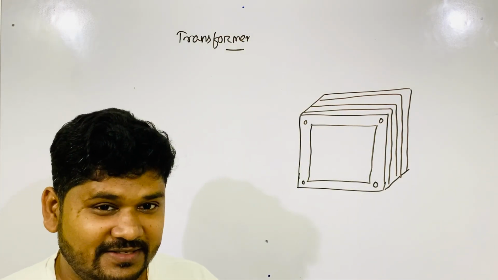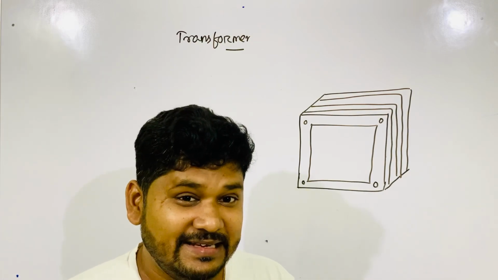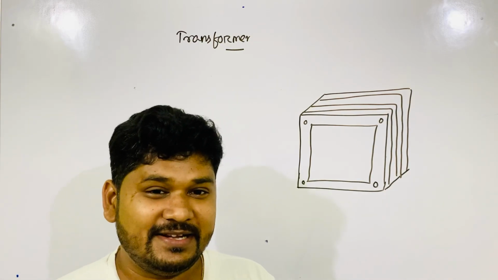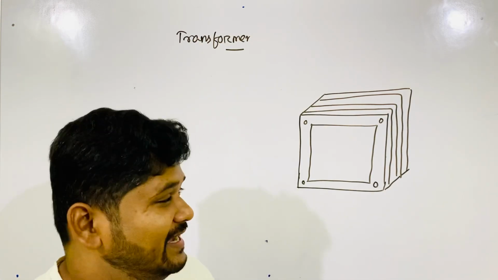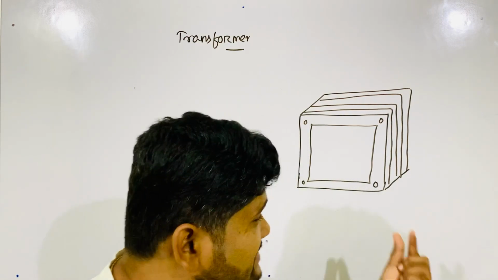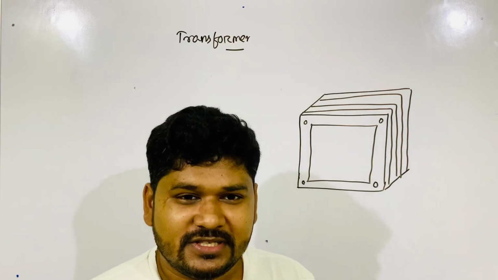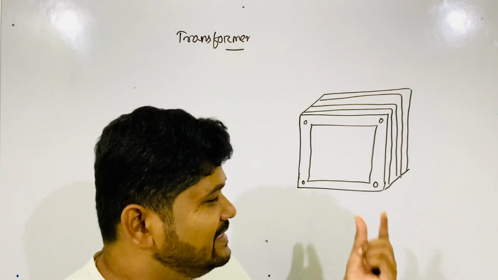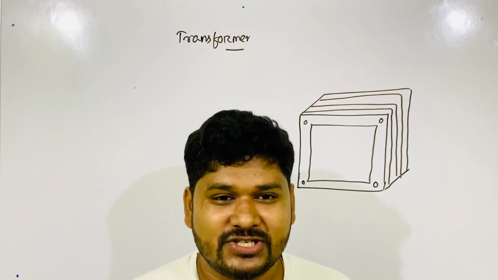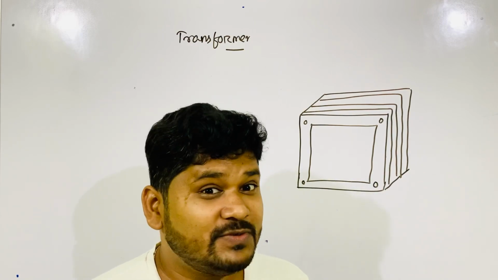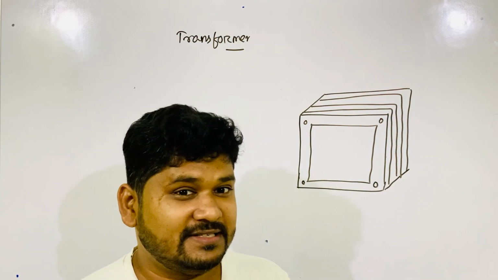Yes, you have seen it, in the minimization of eddy current. I have drawn one figure like this. These are plates insulated from each other. This is called lamination, and lamination is one method to reduce eddy current.